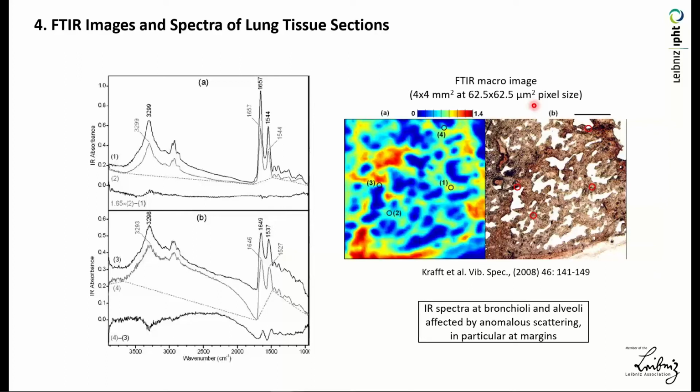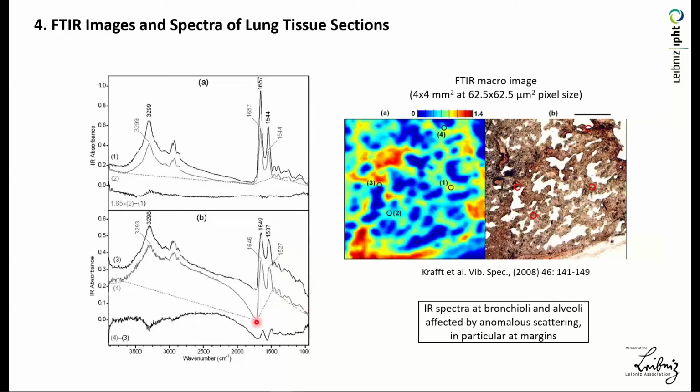And from this area and this area, where the tissue is quite homogeneous, reasonable spectra with a low background were collected. However, here at positions 3 and 4, close to the margin of the tissue, the spectra are strongly affected by anomalous scattering.